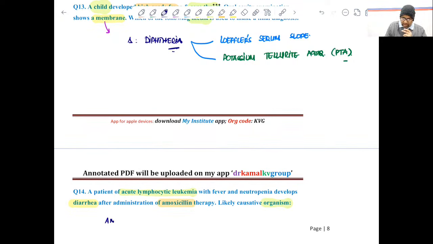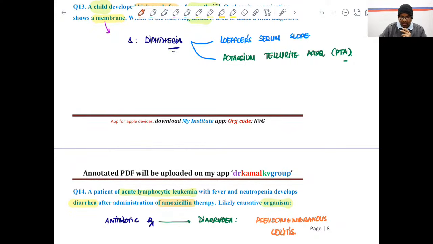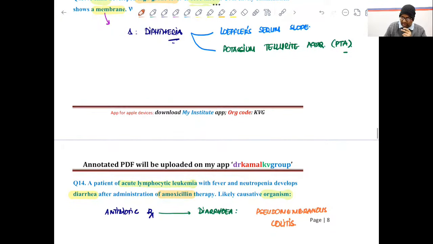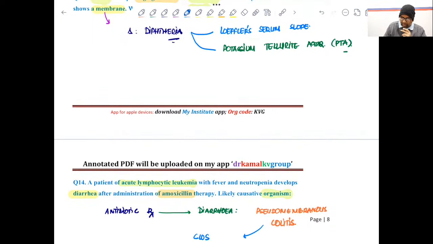Now, after antibiotic therapy, if a patient develops diarrhea, this is suggestive of a clinical condition that is known as pseudomembranous colitis. Clear? So this is pseudomembranous colitis, and pseudomembranous colitis is caused by Clostridium difficile. Clear? So it is caused by Clostridium difficile.